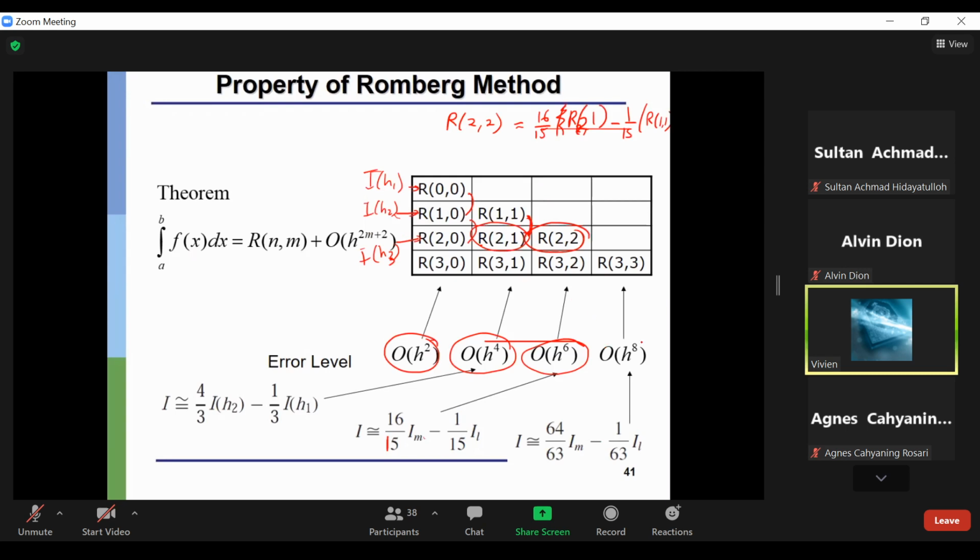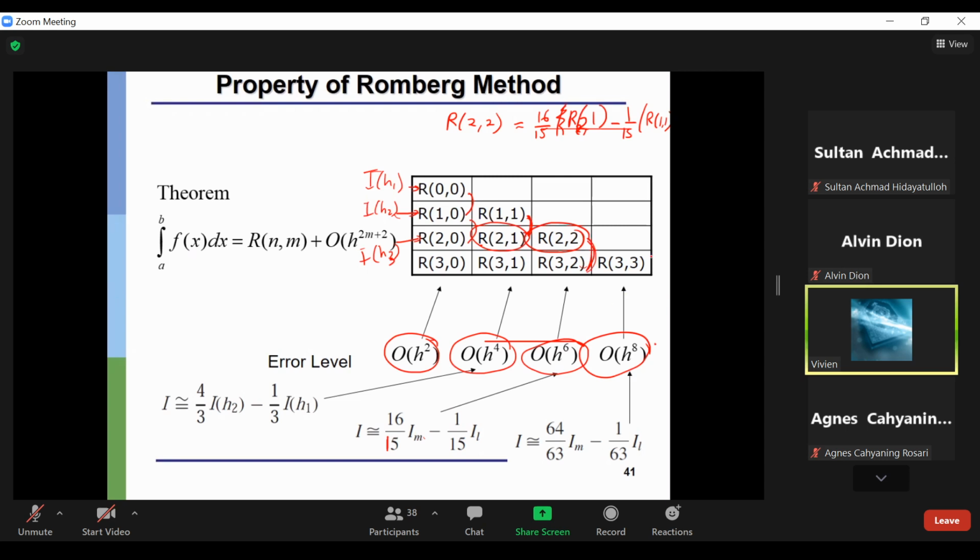Again, if we want to increase to a higher order, the error will be eighth order, so we can combine these values together.